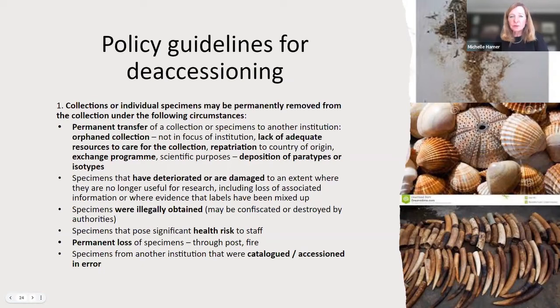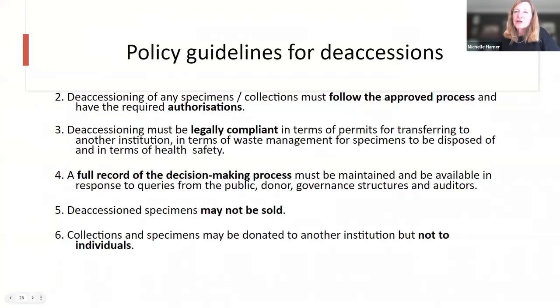And then there are specimens from another institution that were on loan to you, where there was some mix-up and they got accessioned in error into your collection. Now you have to de-accession them and send them back to where they came from. So there are lots of reasons for de-accessioning. Under these conditions, you can remove the specimens from the collection permanently.